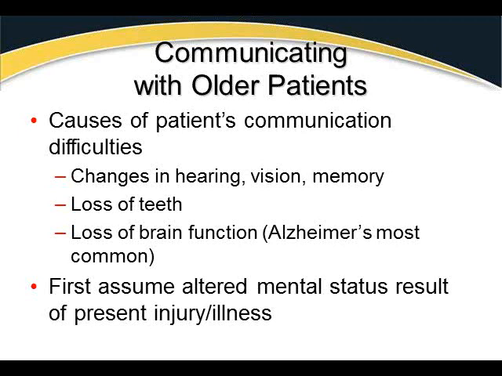So if you have somebody who you aren't familiar with and you're trying to communicate with them and they're just not making any sense, there's confusion and whatnot, assume initially that that is a new onset thing. Gather more information, try to determine whether this is actually truly new, or is this something that this person deals with on a chronic basis.